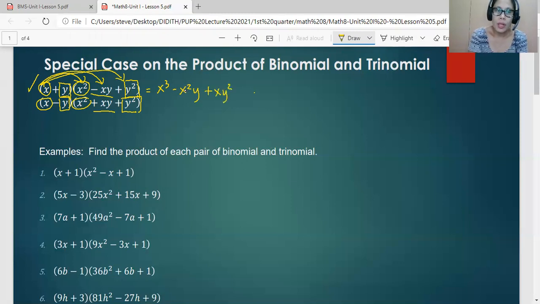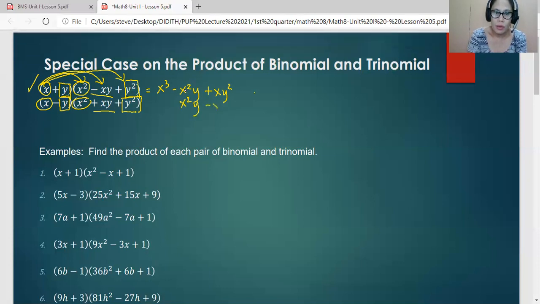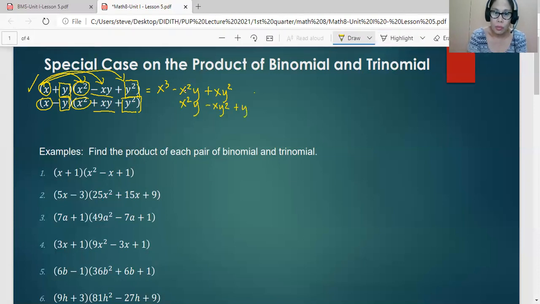Now we will multiply the second term of this binomial factor to all the terms again of this trinomial factor. So we have y times x squared, we have x squared y, and then y times -xy, we have negative xy squared, and lastly, y times y squared, we have y cubed.